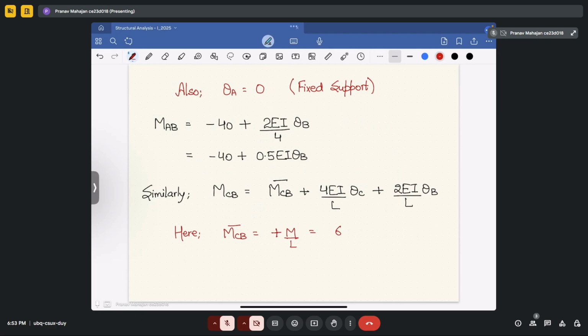It is 60. And what is the total length of the beam? It is 4. And it will become equal to 15 kilonewton meter.